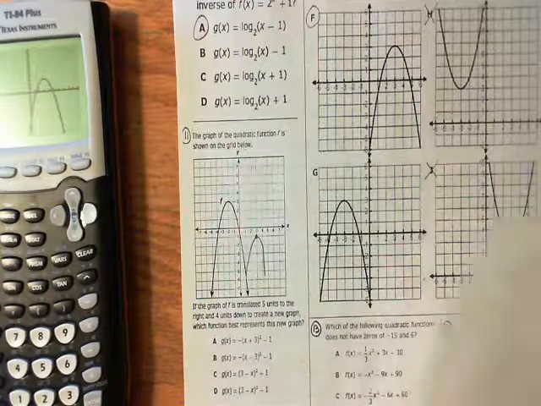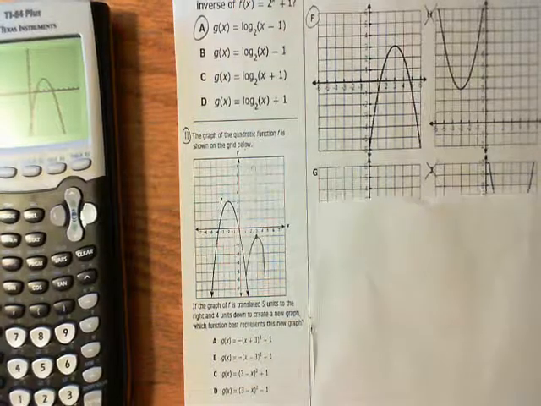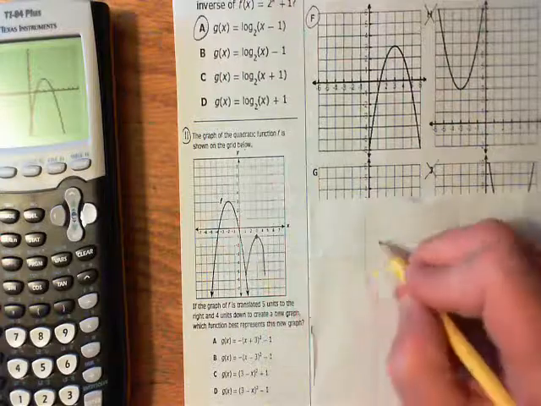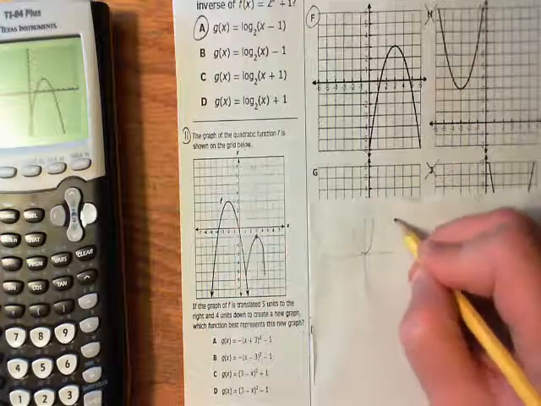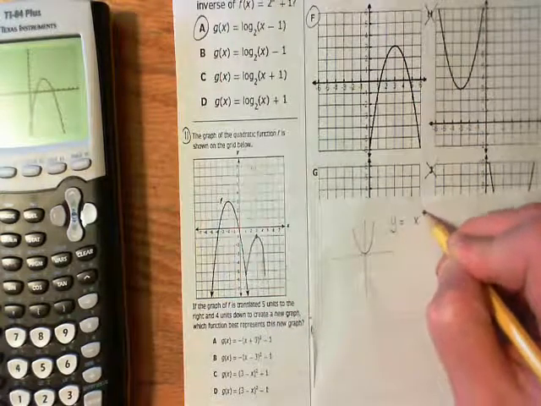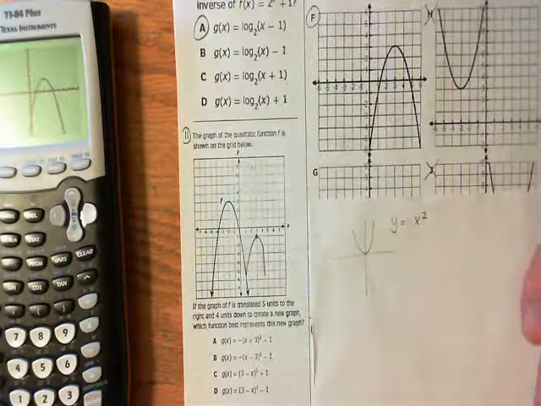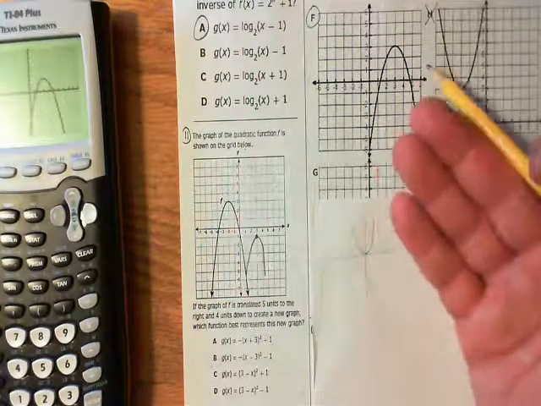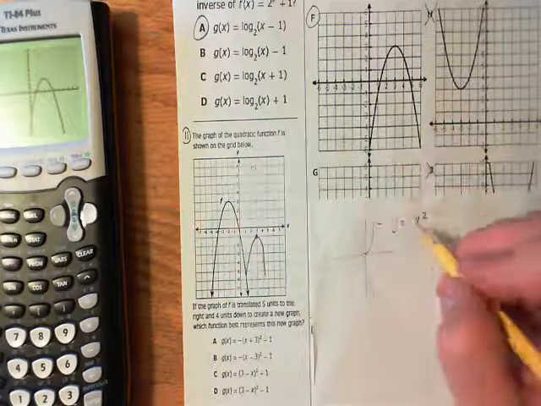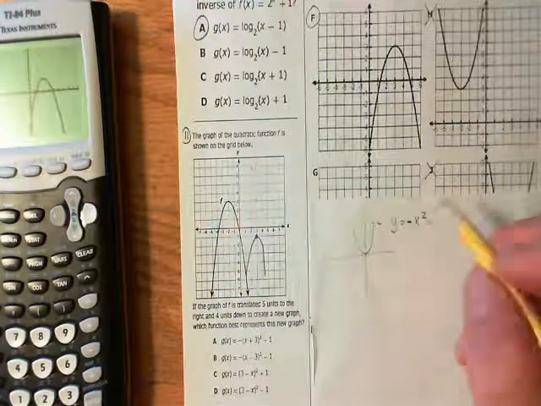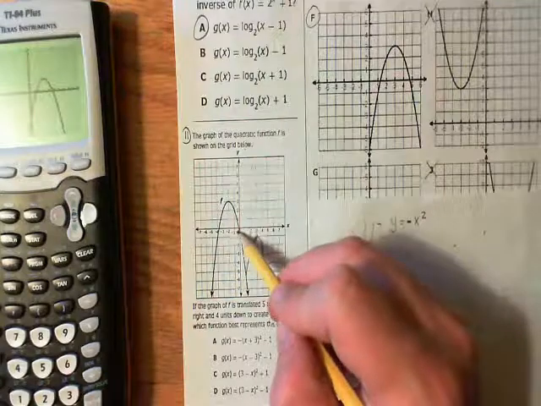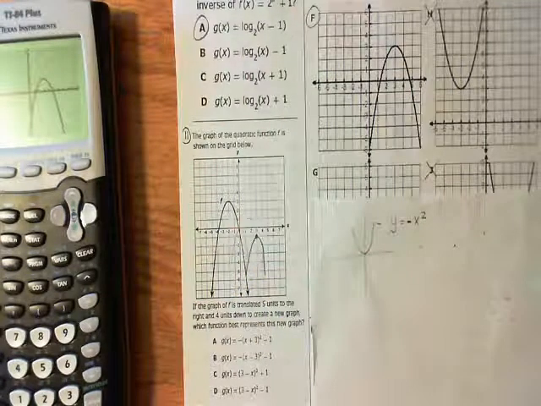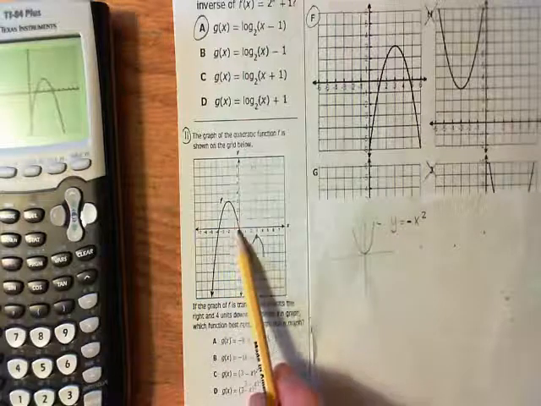Okay, so let's take a piece of paper here. Okay, remember that this graph here looks like a quadratic, so my equation is y equals x squared. Now this is the parent, but because it looks upside down, I know that I'm going to have a negative in front. So basically, that's what happened. It got reflected. Now here's my original one.